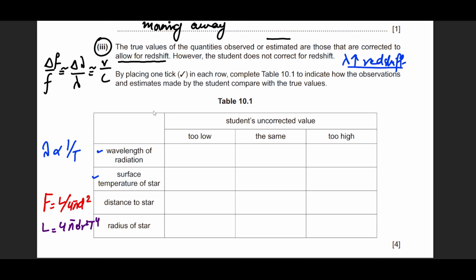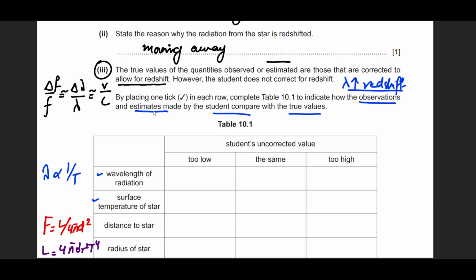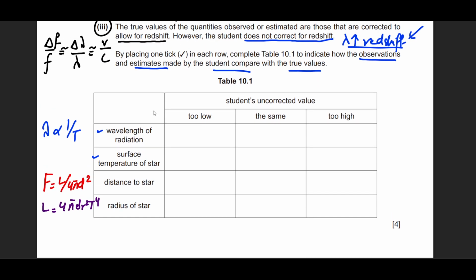He says, by placing a tick in each row, indicate how the observations and estimates made by the student compare with the true values. He is not correcting the values. He is not compensating for the redshift. What effect would it have on the true answers if the redshift is not involved? Of course, he's going to get wrong answers, but how wrong? Are they going to stay the same, or will they be too low, or too high an estimate?